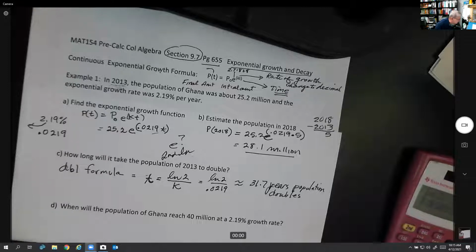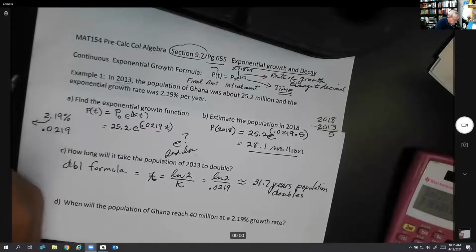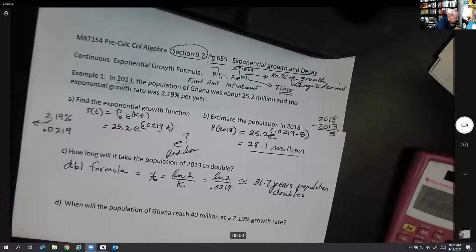Let's see what they came up with. They came up with 50 years. Let's see. We're looking for the time for which 25.2 million is going to double.